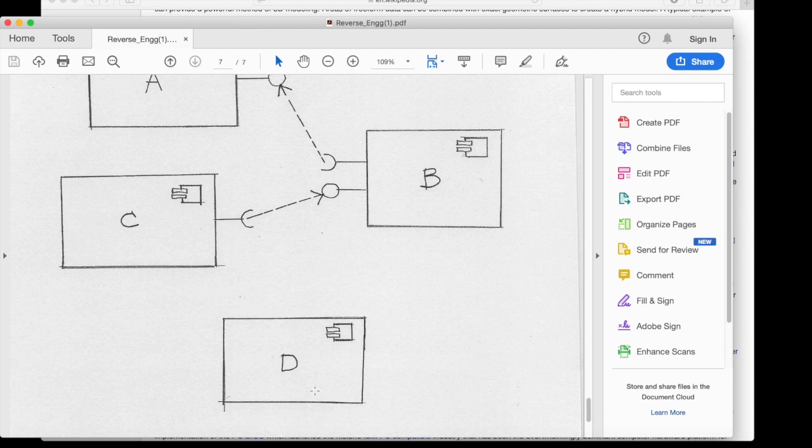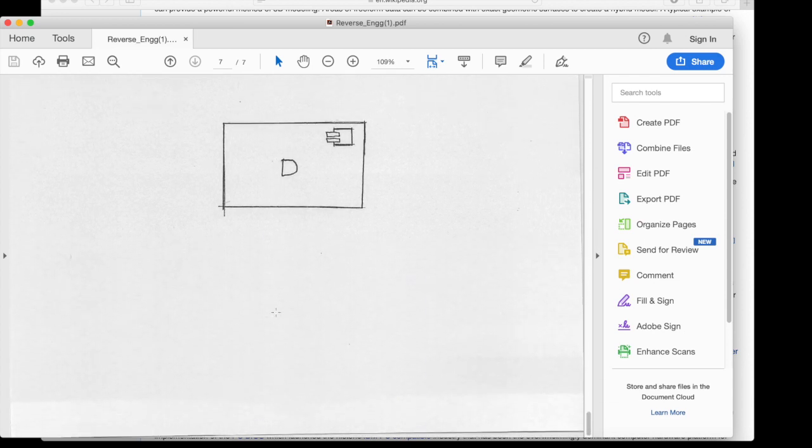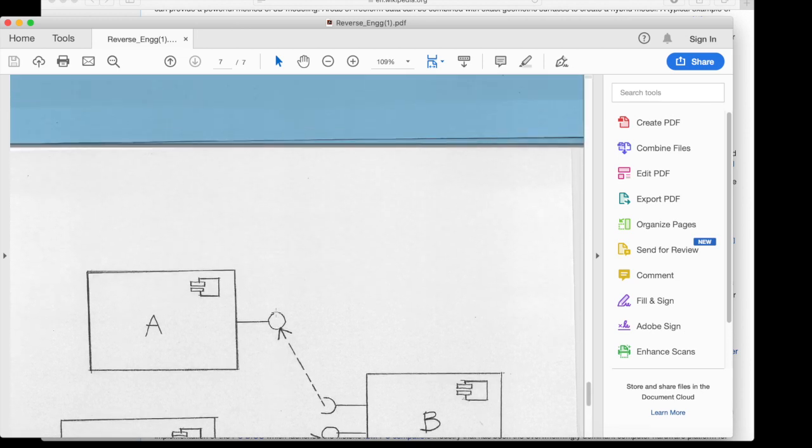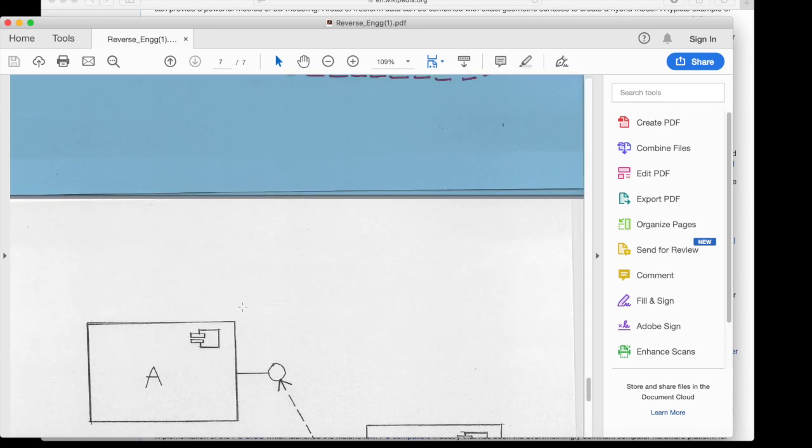So the components form a higher level of composition, and then you connect them with ball and socket linkages. Okay, so that's reverse engineering, trying to extract the structure of the design and their interrelationship.